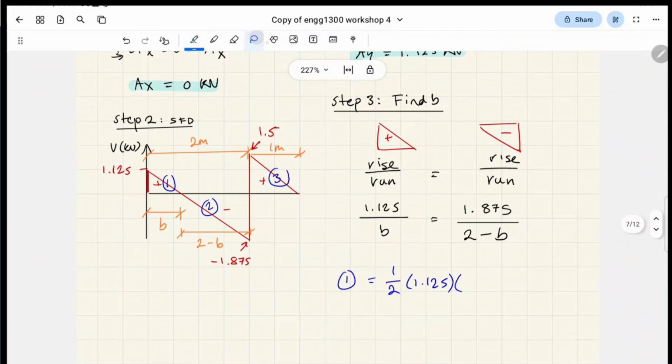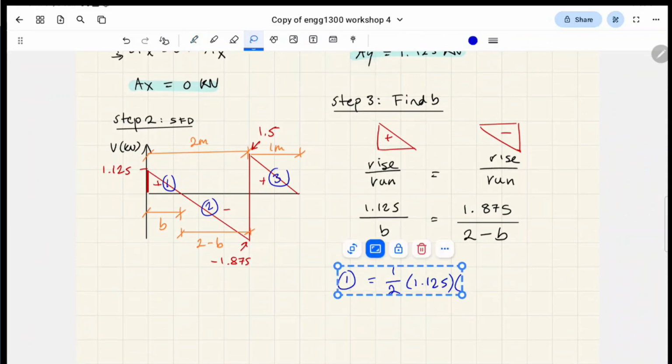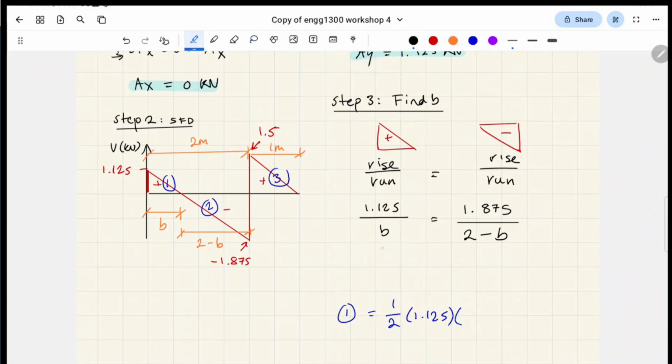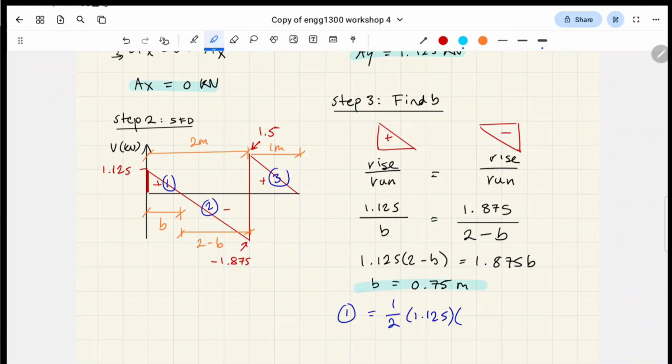Algebraically, you can go like this. We've cross multiplied on both sides, and now we simply solve for b as if it was an unknown, just like normal. And so now we know that b is 0.75.